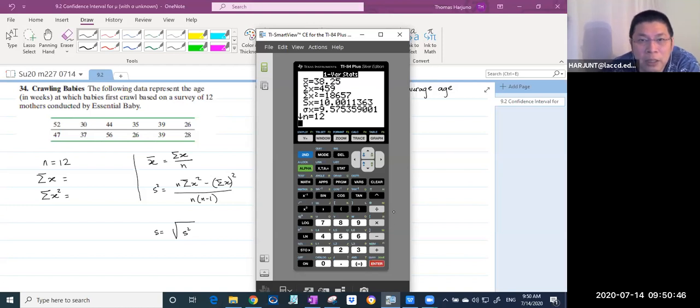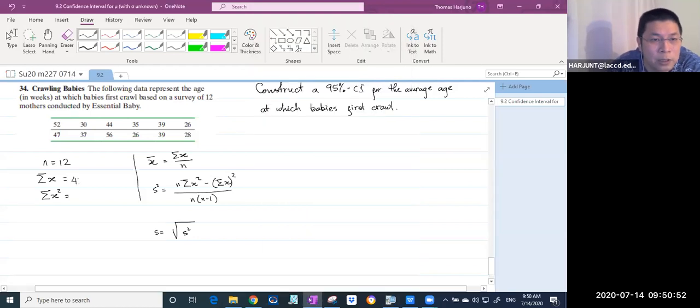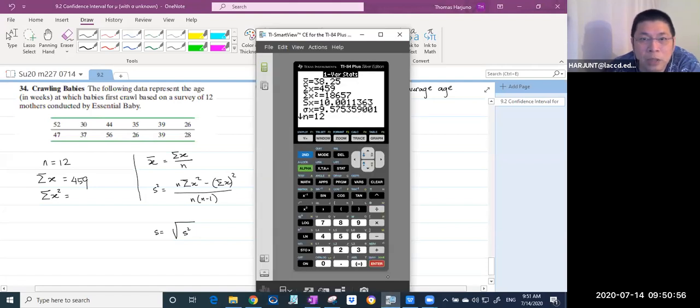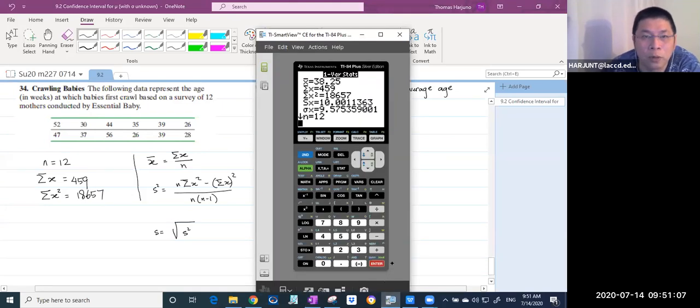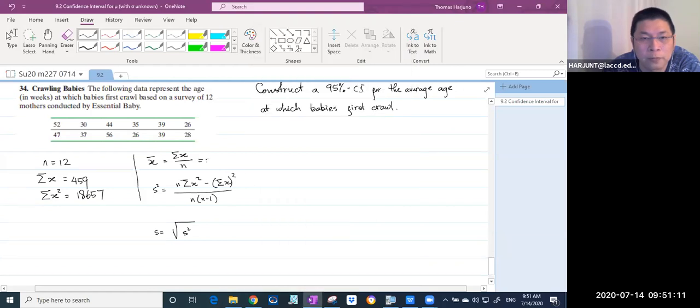Then I see that the sum of x is 459, and the sum of x squared is 18657. In fact, our calculator already computes x bar for us, which is 38.25.